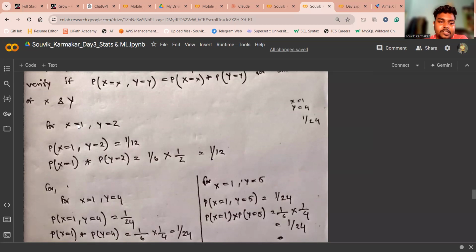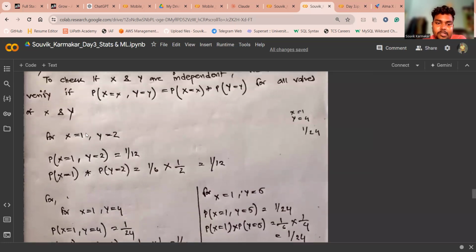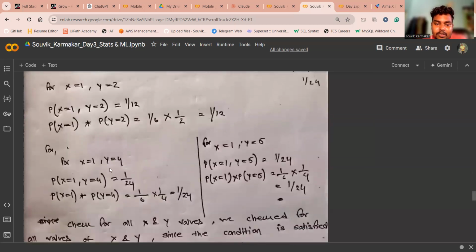So let's see the 3 values first. We are considering X equals 1 and Y equals 2. The probability of X equals x and Y equals y is coming as 1 by 12, and multiplying the marginals, the answer is also 1 by 12. So those are equal. Also for X equals 1 and Y equals 4, the condition is satisfied, and for X equals 1 and Y equals 5, the condition is satisfied.